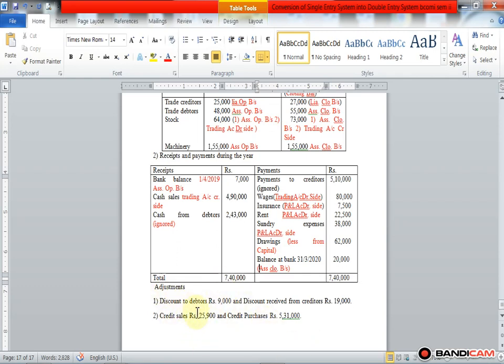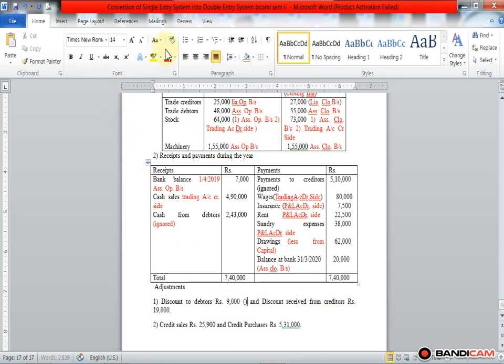Now we read the adjustment carefully. Here the adjustments are discount to debtors rupees 9,000 and discount received from creditors rupees 19,000. Discount to debtors means discount allowed to debtors, and discount allowed is our loss, so it is posted to the P and L account debit side.